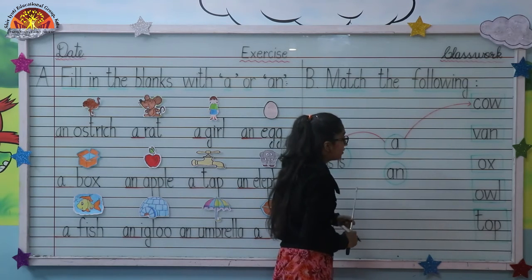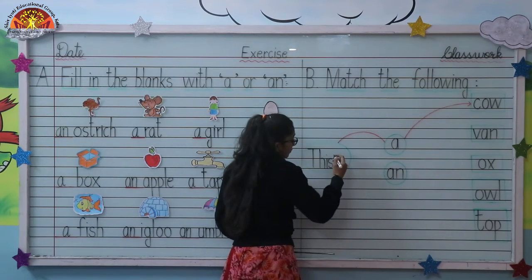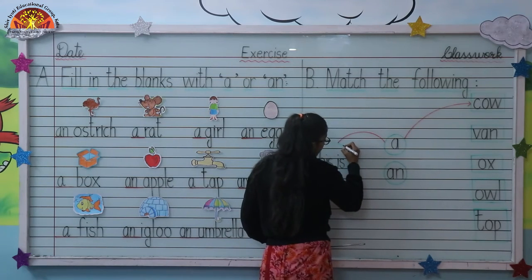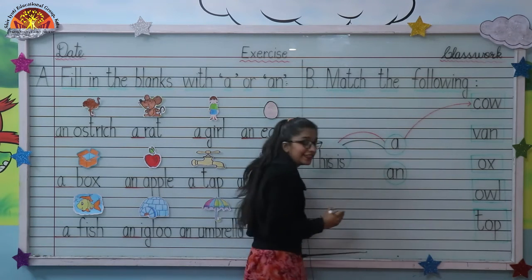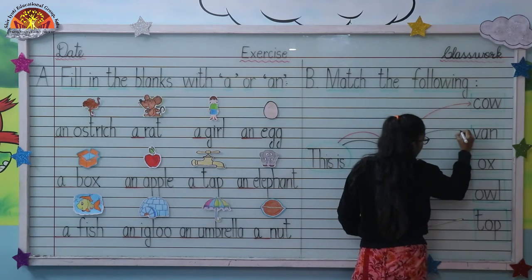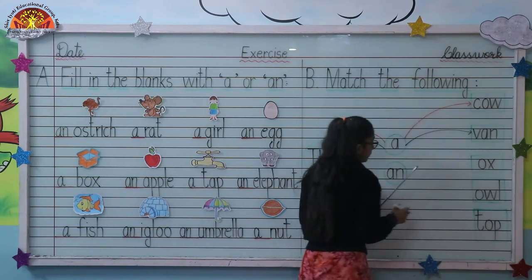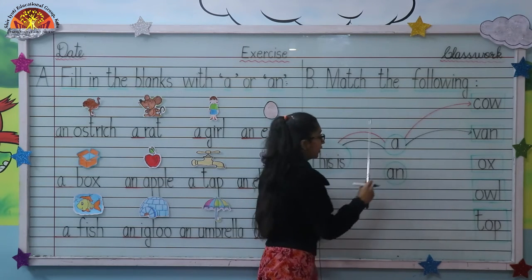So we have to use a before this word. Okay. So do with me. First match "this is" with a like this. Then a with van. This is a van. Okay.